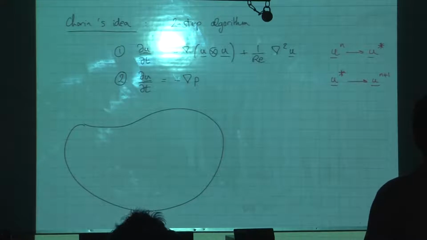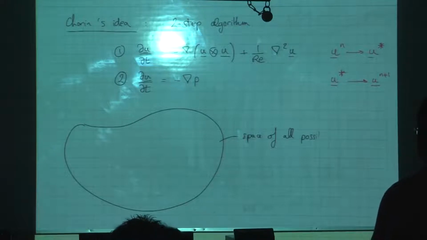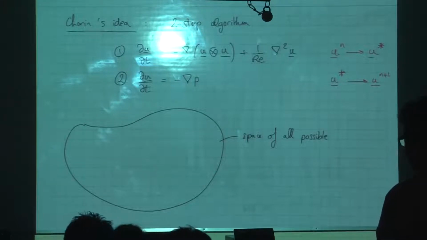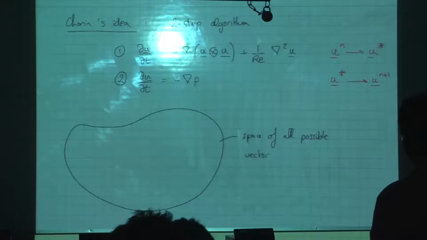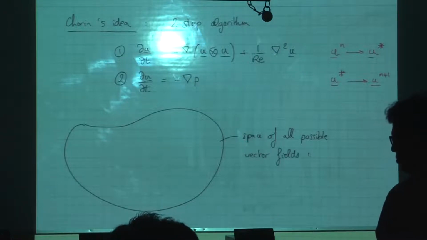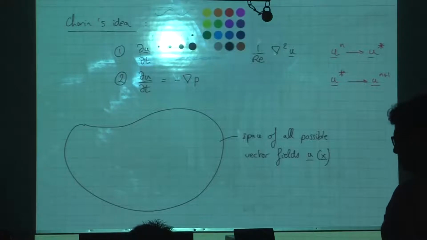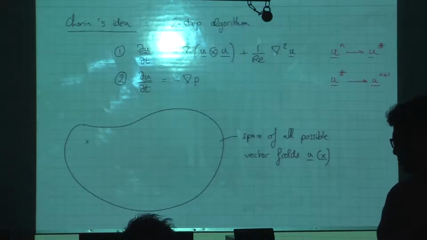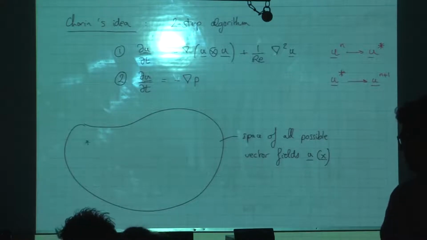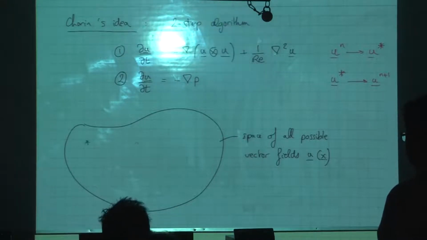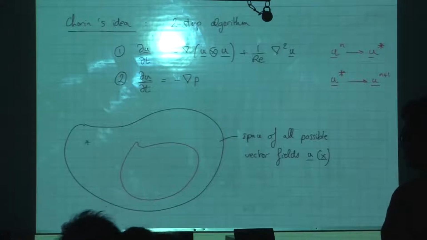As a standpoint, we catch here the vector fields u of x. Okay. We start initially, oh, I'm sorry, I'm missing one thing. And then we have a subset there.